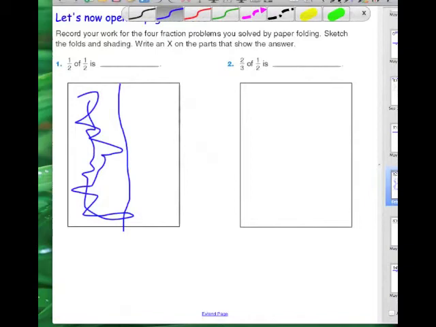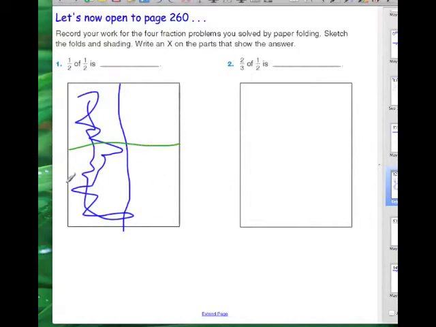So we're going to grab a different color and put that in half and shade half of that half. Now, the part that was shaded both colors is the fraction part that we're going to use. So we see that it's divided into 4 different parts, and one of it is colored with both colors. So our answer is 1/4.